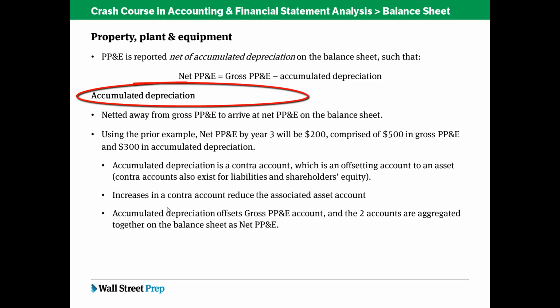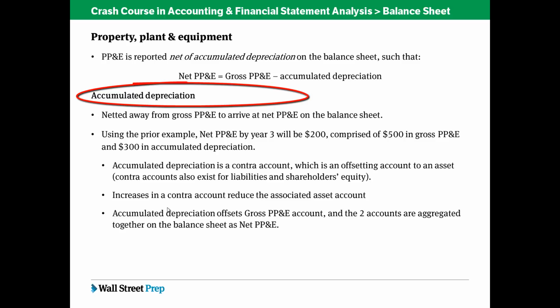So in the prior example, by year 3, we're going to show on the balance sheet net property, plant, and equipment of $200, which will be comprised of the original purchase price of the equipment, the $500 price, net of all of the depreciation that we've taken over the last 3 years, namely $300 worth of depreciation.